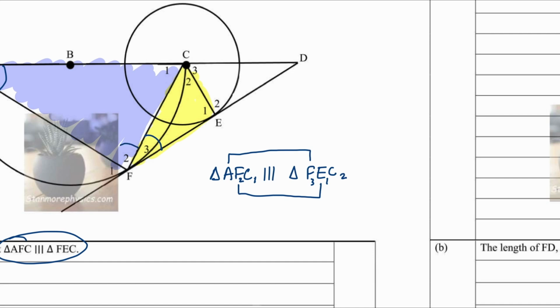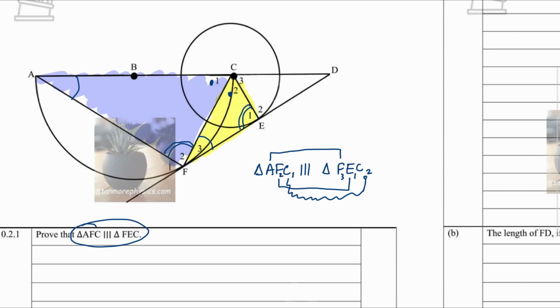So why is this angle going to equal this angle? And then lastly, why is angle C1 going to equal angle C2? So why is this going to equal that? And perhaps looking at it this way, for some of you, may make it a bit easier.